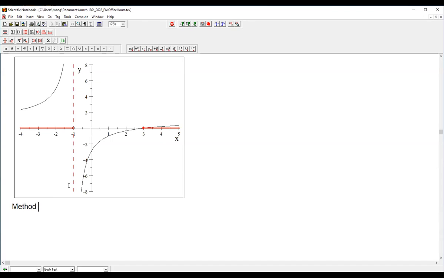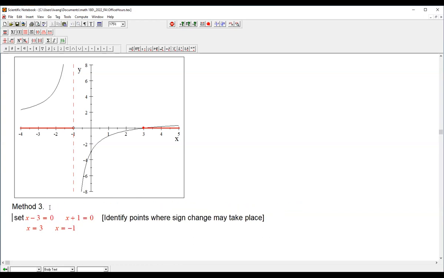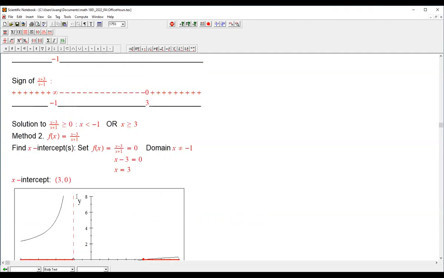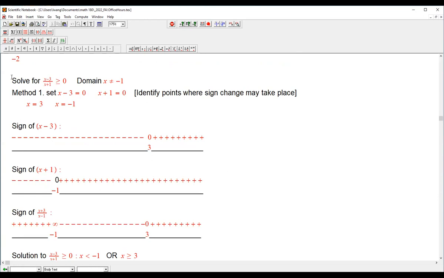You're going to see this in calculus texts. It's been taught that way. So when we're solving that inequality, this is method 3. And of course, we're solving for x, right? Solve for x.